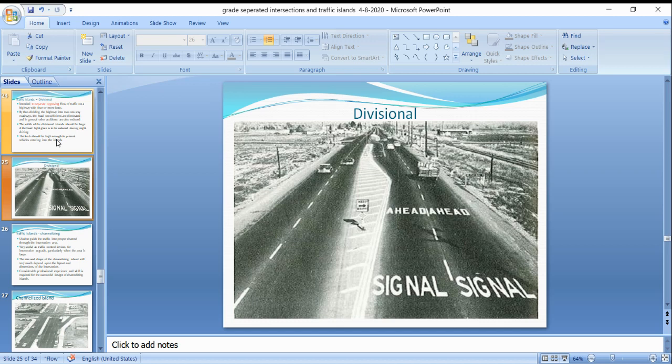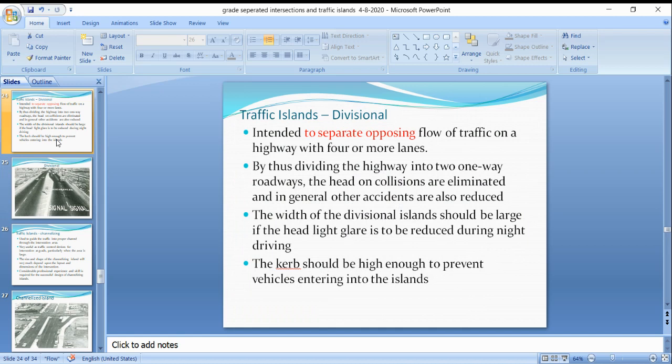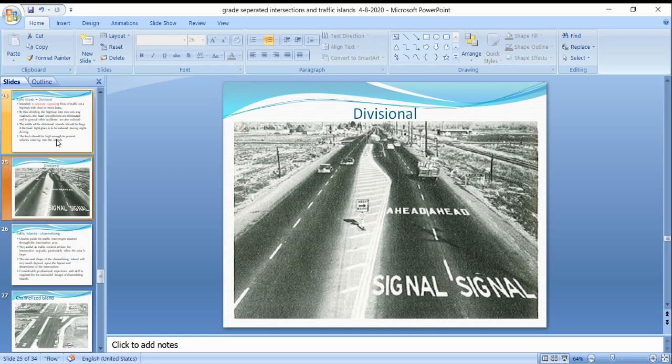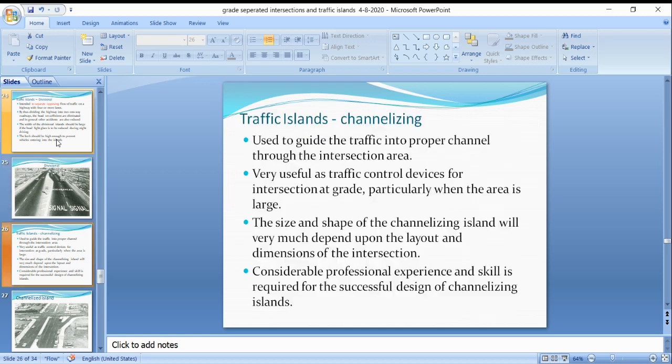Similarly, we make two other lanes for the opposite direction. So it separates opposing flow of traffic on a highway with four or more lanes. Here we provide two lanes only, but we can provide more. Next comes the channelizing traffic islands.